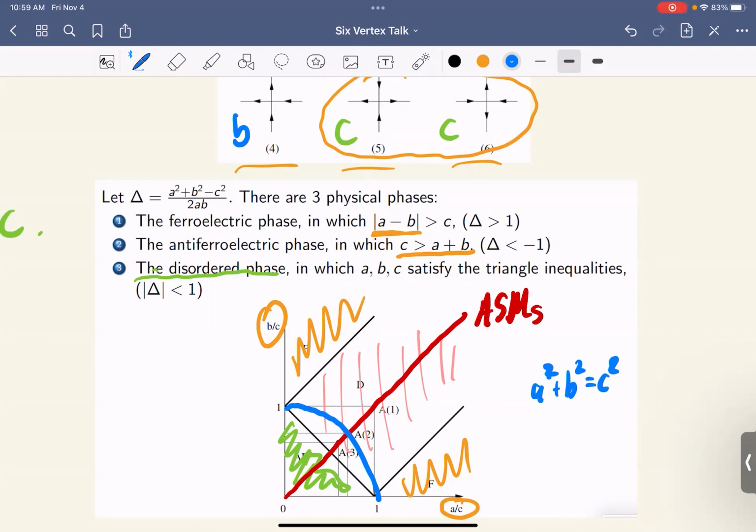And that's the points in the phase diagram that correspond to the Aztec diamond tilings. Sometimes that's called the free fermion line, because everything corresponds to a dimer model there.